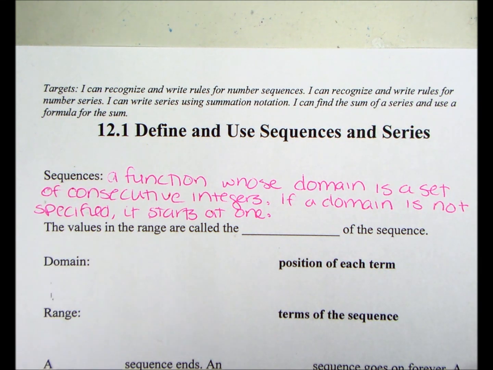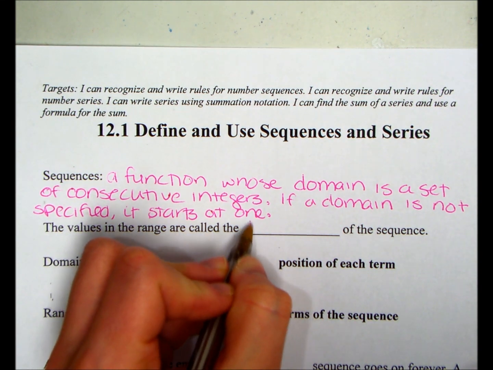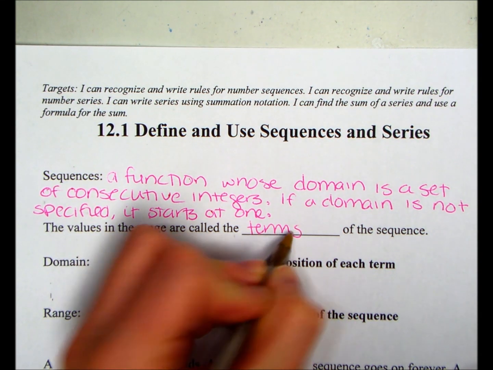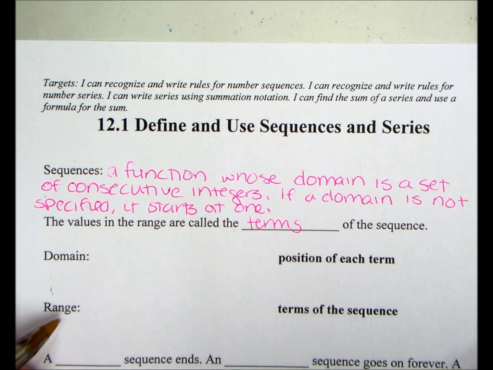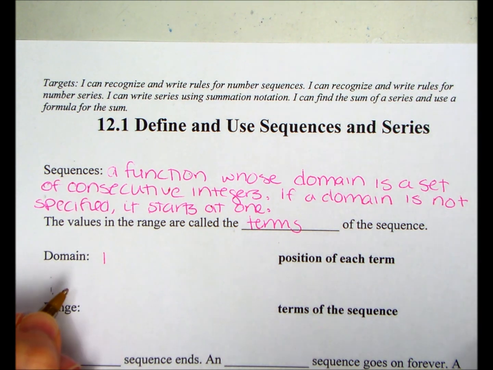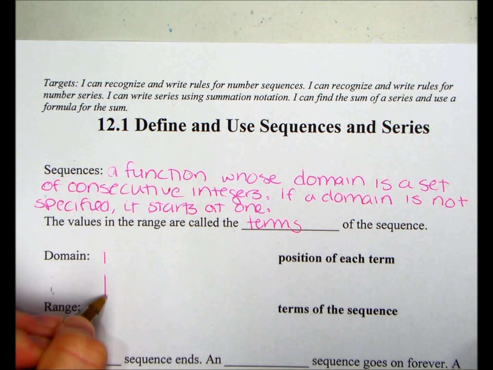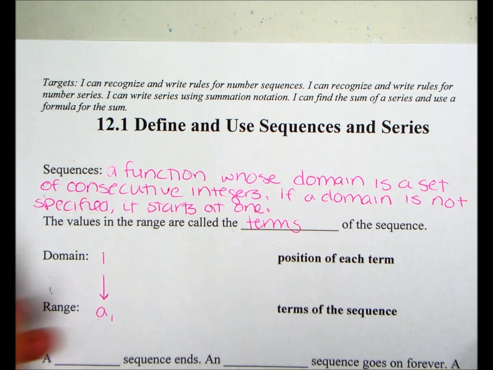So they'll map on to what we call a range, and the values in the range are called the terms of the sequence. So a domain gives the position of the term, and the range gives what that term is. So the first position matches up with what we call the first term of the sequence, and we'll designate the term to use A, and we'll say A1 is our first term.